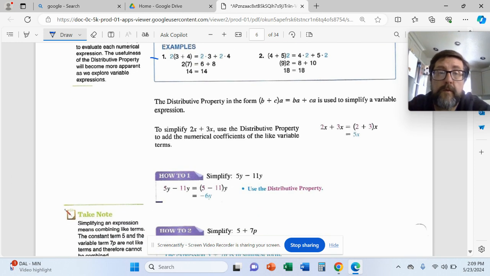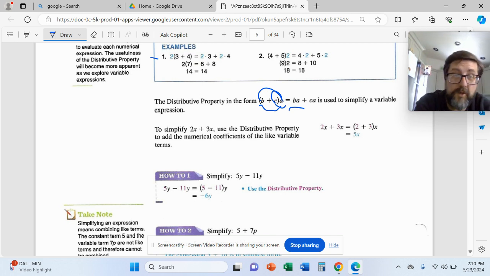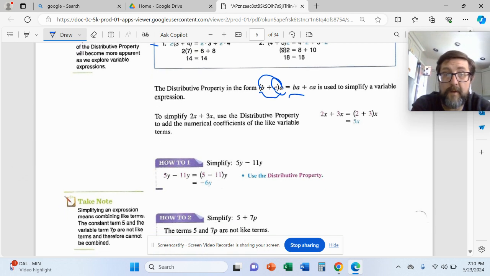The distributive property in the form B plus C times A equals BA plus CA is used to simplify the variable. You're multiplying the A times the B, A times the C. Now, we're not solving anything, we are just simplifying again.